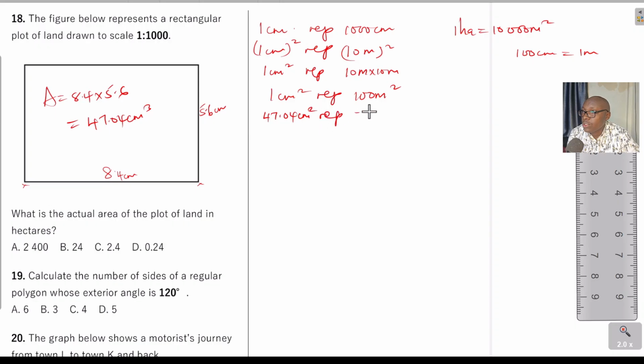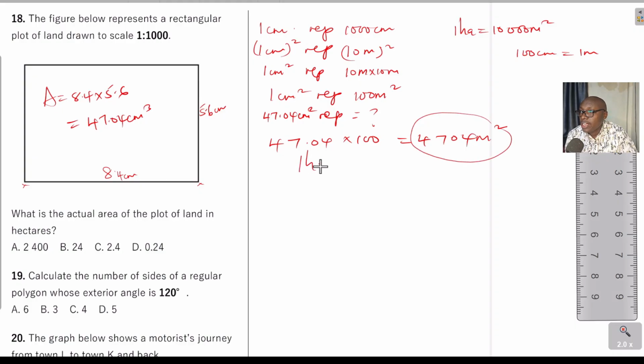You simply need to cross multiply. So 47.04 times 100 gives 4704 meters squared. Then from there, to give the answer in hectares, you simply convert this to hectares.